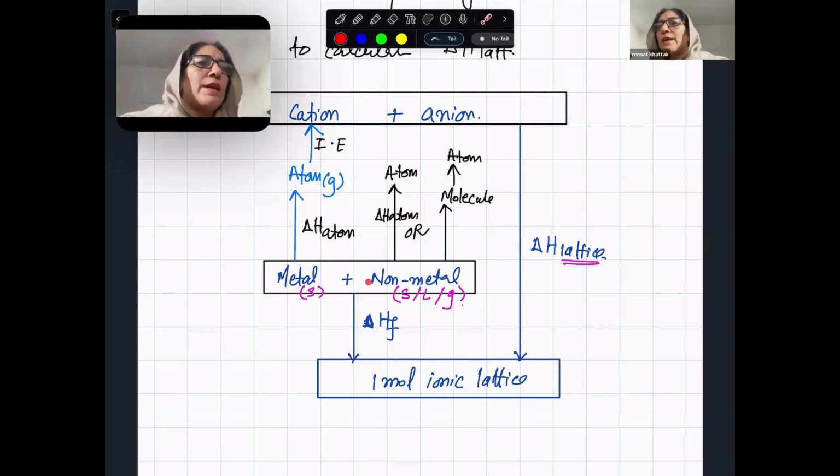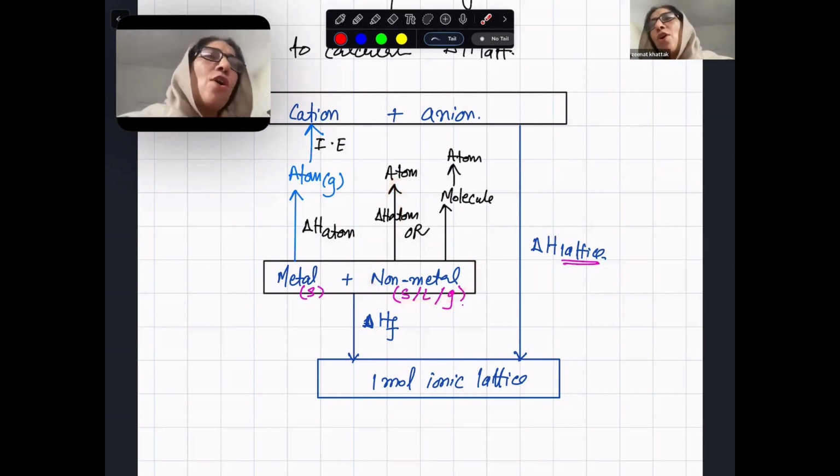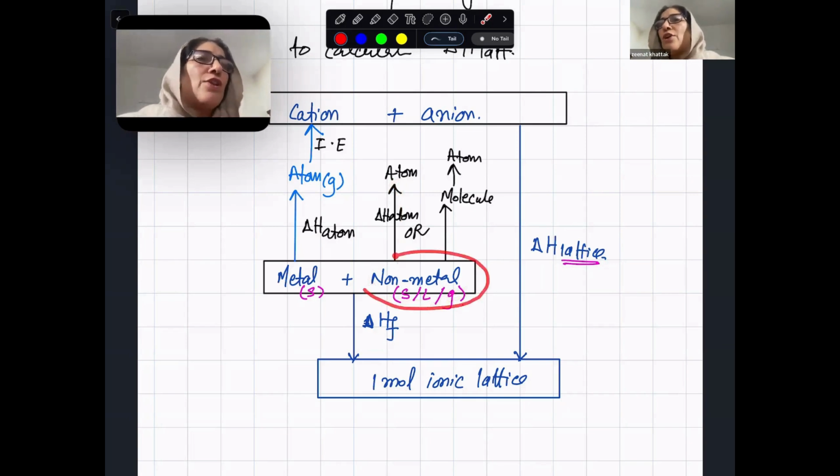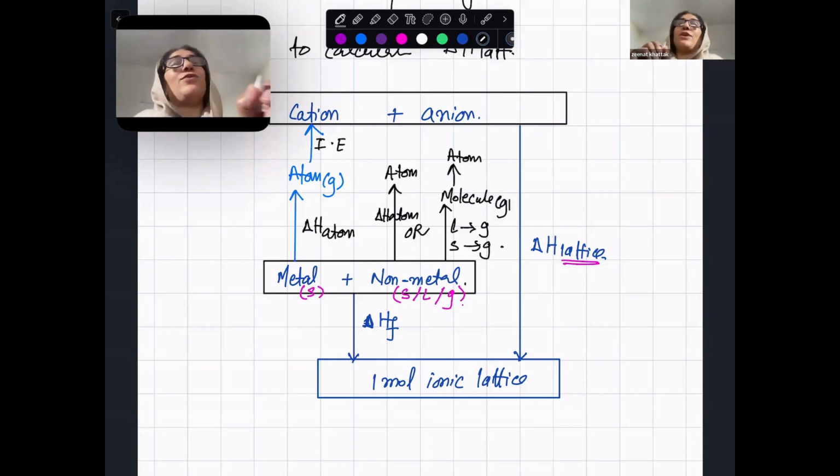Look, directly non-metal into atom, or the non-metal first vaporizes, sublimes: if liquid, then vaporize, if solid, then sublime. But if it is gas, it remains the same. And when it becomes the gaseous molecule, then you can use bond energy.